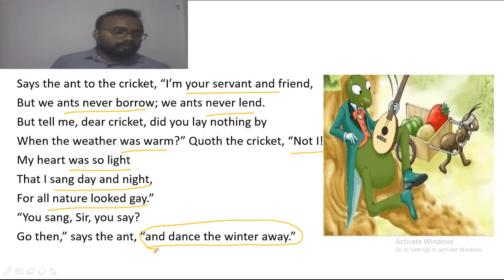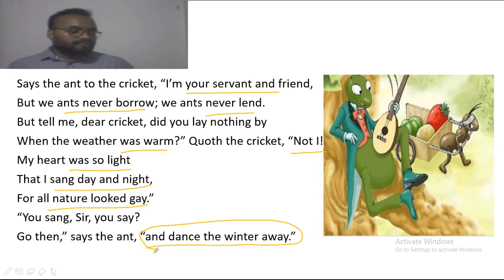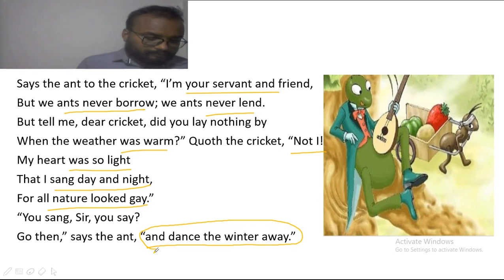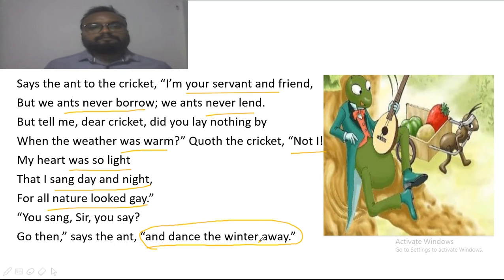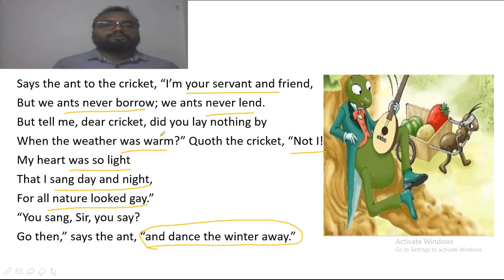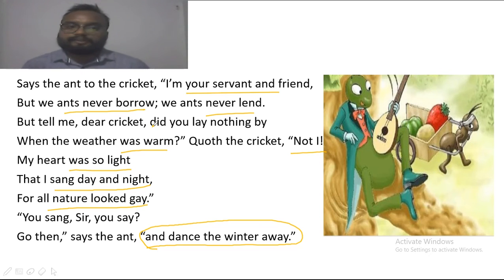So now he went to the ant, and he asked the ant for help. When he asked, in this part the ant and the grasshopper are in conversation with each other. The ant says, sir, I am your servant as well as your friend.